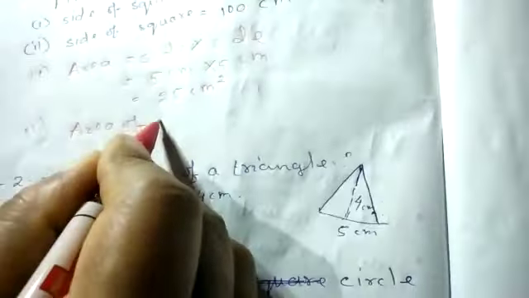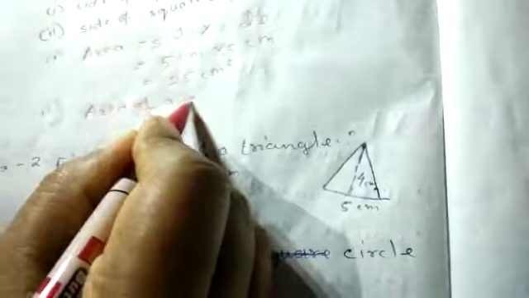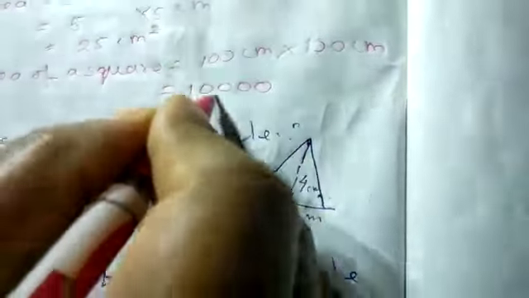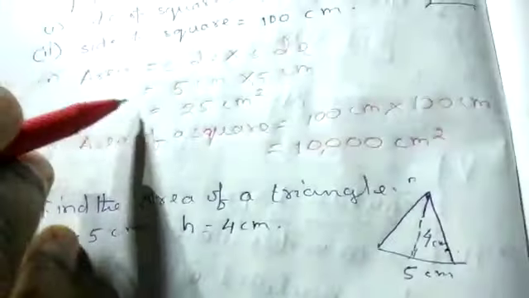So the area of the square equals 100 centimeter into 100 centimeter, that equals 10,000 centimeter square. If we want to convert centimeter into meter, that is also possible.